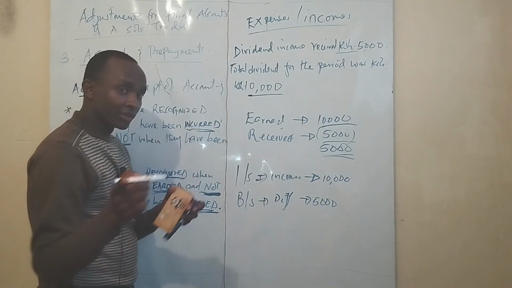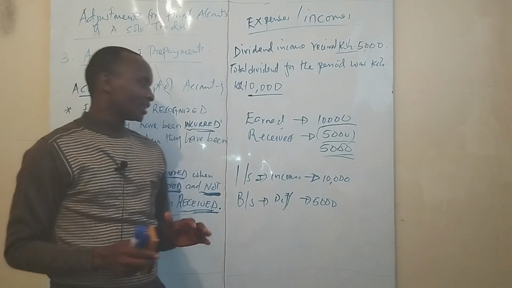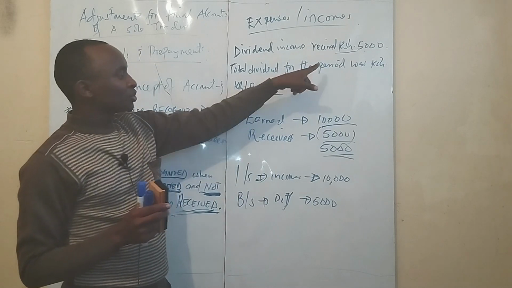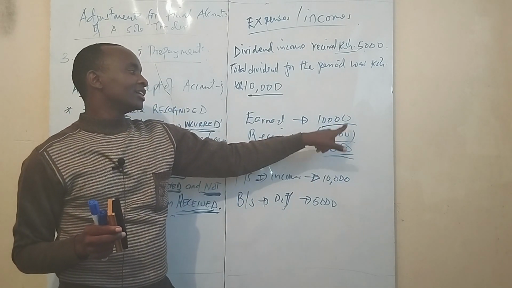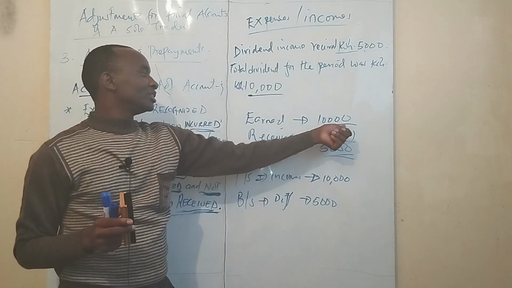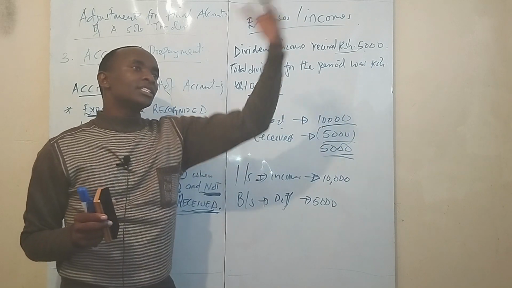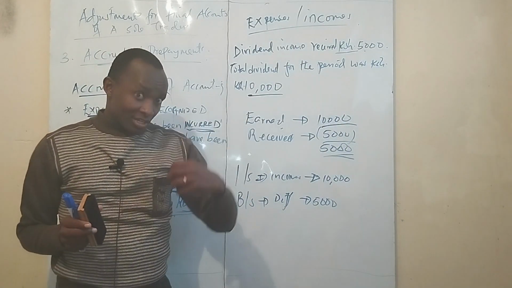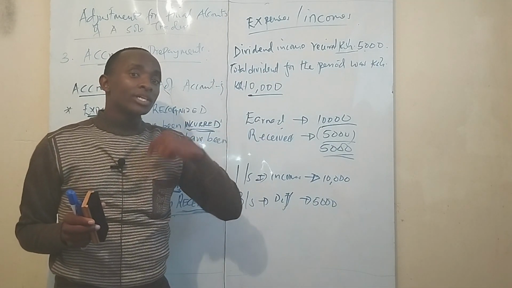And what are you going to call it? Let us think it together. We were supposed to receive 10,000, but we received 5,000. Meaning the company that gave us the dividend income still has our 5,000. Ours means it's ours, and that thing that is ours is an asset.